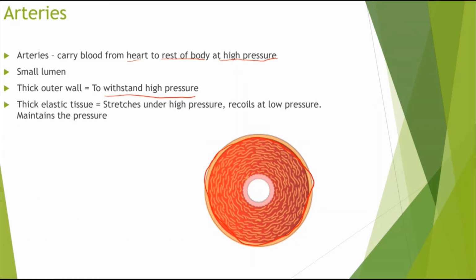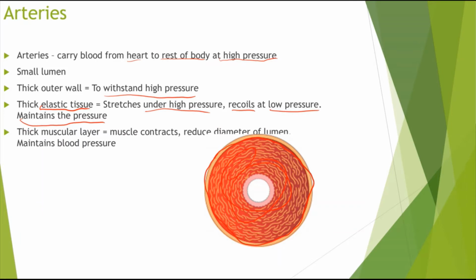Next, they have a thick elastic tissue, that red bit in the middle, which stretches under high pressure and recoils at low pressure, and that stretching and recoiling maintains the pressure inside the arteries.